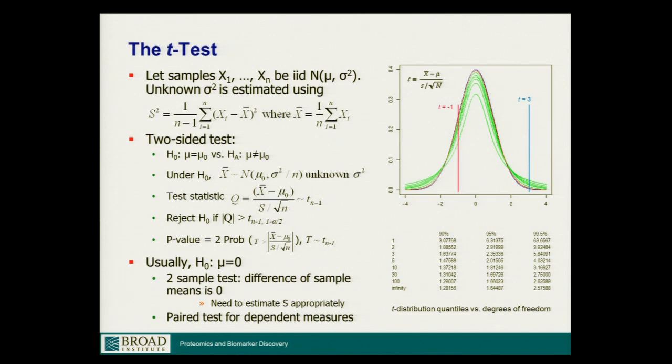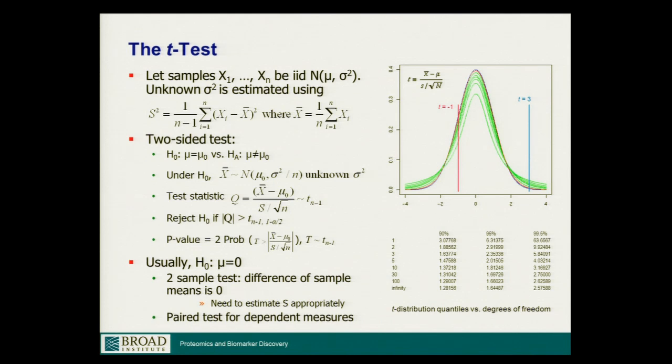So how well you can assess this depends on how many replicates or how many samples you have. The more samples you have, the more the distribution kind of falls off before you get to a specific value. So the fewer samples you have, the more uncertainty you will have, and so the higher your p-value will be. And so usually we use this test to see if the ratio or whatever we are looking at is 0.